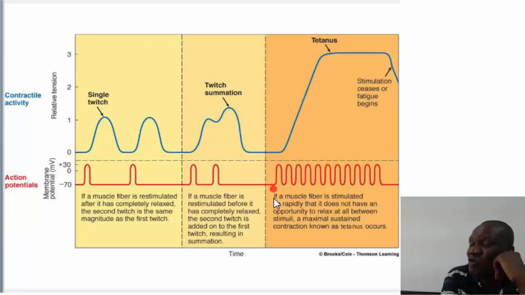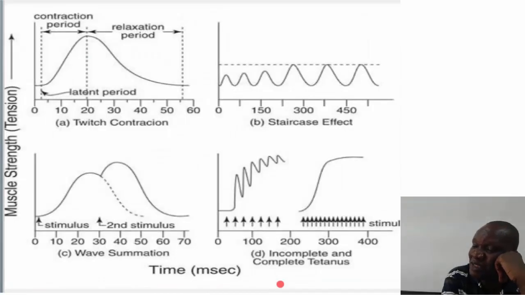Now if we were to allow brief relaxation before application of the second stimulus, then we have this type of tetanus, which is called incomplete tetanus, because you realize there are some partial relaxations. So we have an incomplete tetanus.